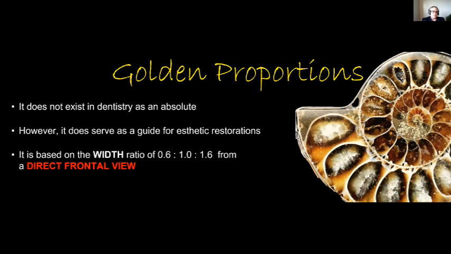Now, this is where I'm going to be a little particular about the definition, and it's based on this width ratio, but as seen from a direct frontal view. And I'm going to show you one of the biggest things in need of addressing when my students had done their anterior provisionals. And I'll show you that it's exactly from not seeing it from a direct frontal view.